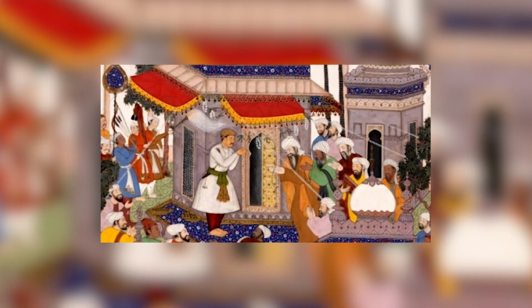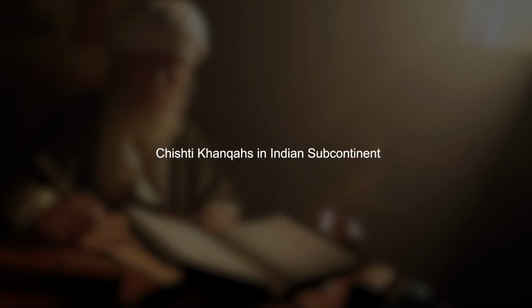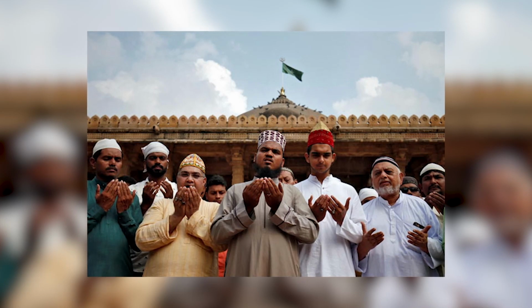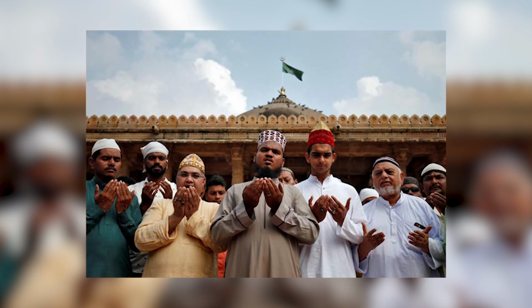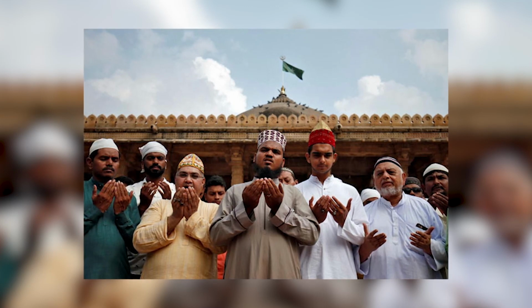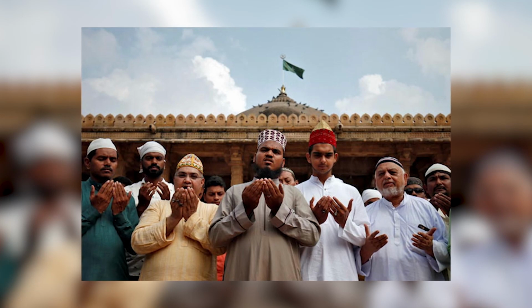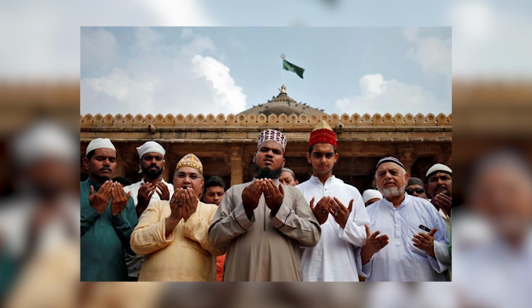Service for humanity was the base on which they worked. Through an efficient network of their Khanqahs throughout the Indian subcontinent, the gurus of the Chishti Sufi order worked with the single principal goal of benefiting humanity at all levels.